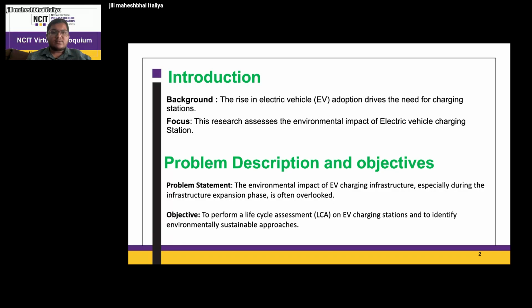The problem description and objective: the environmental impact of charging infrastructure, as I already mentioned, especially during the infrastructure expansion phase, is often overlooked. The objective is to decrease the carbon footprint using renewable sources of energy and to identify an environmental sustainability approach.